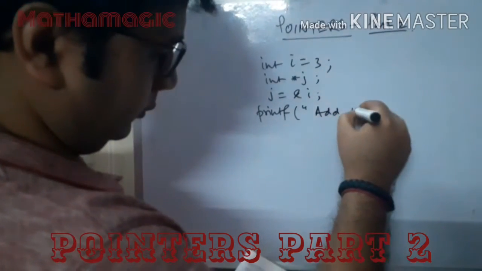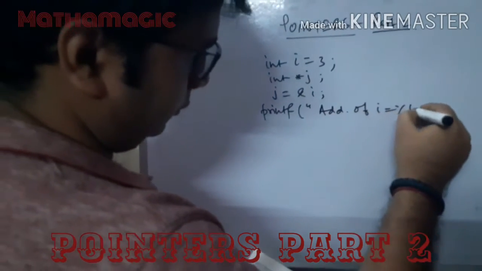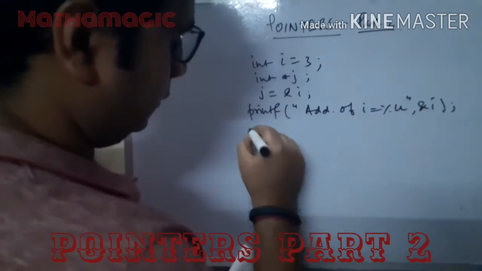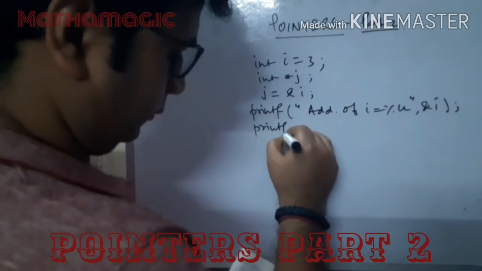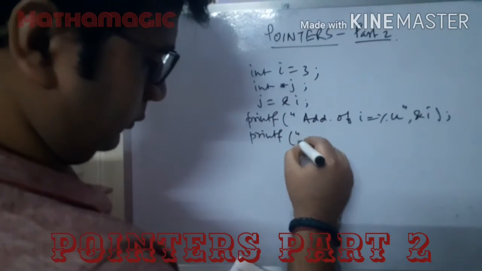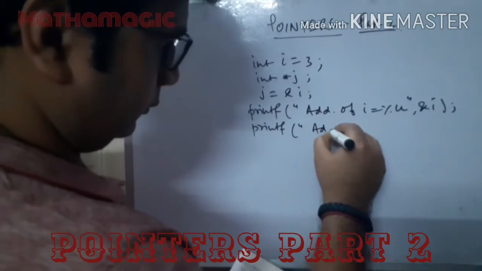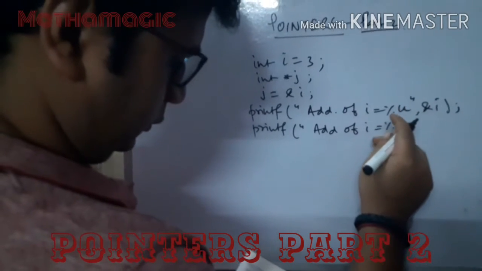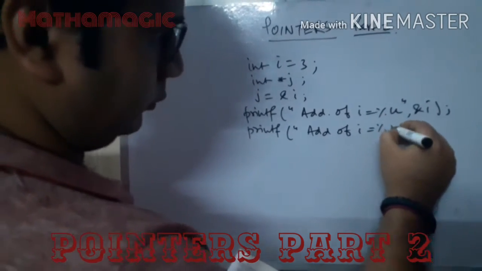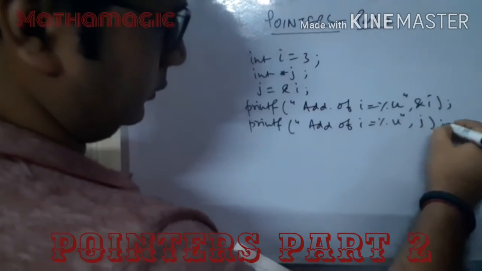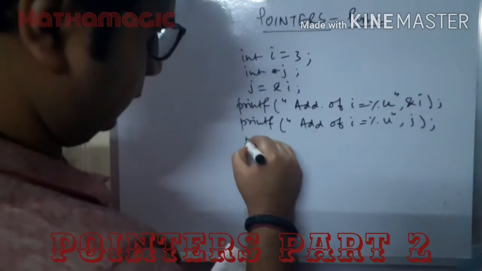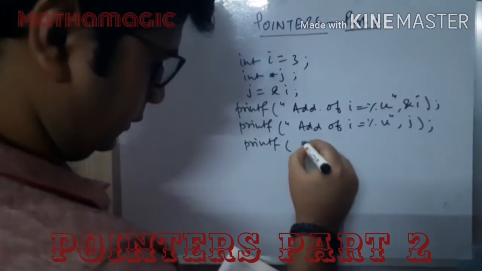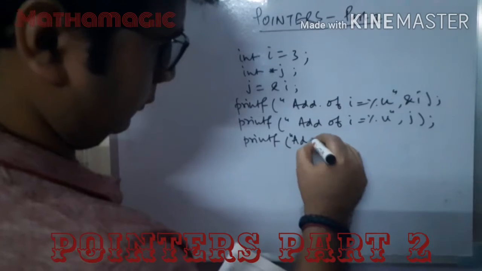Now printf("address of i = %u", &i); printf("address of i = %u", j); printf("address of j = %u", &j).